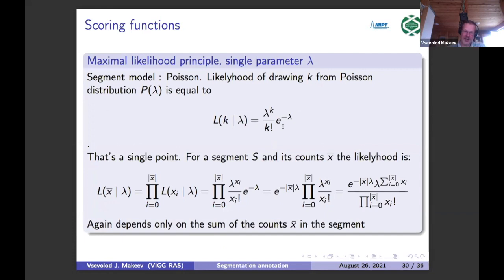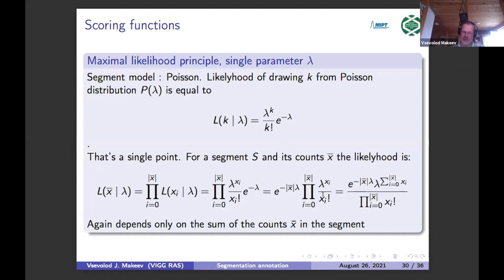If you've got segment S, you just multiply, and you multiply for different counts. So you multiply and you multiply and you multiply, and you discover that this thing doesn't depend on the observations. So you can move it out of the product, and you've got only the number of such factors, which will be exactly the length of the segment.